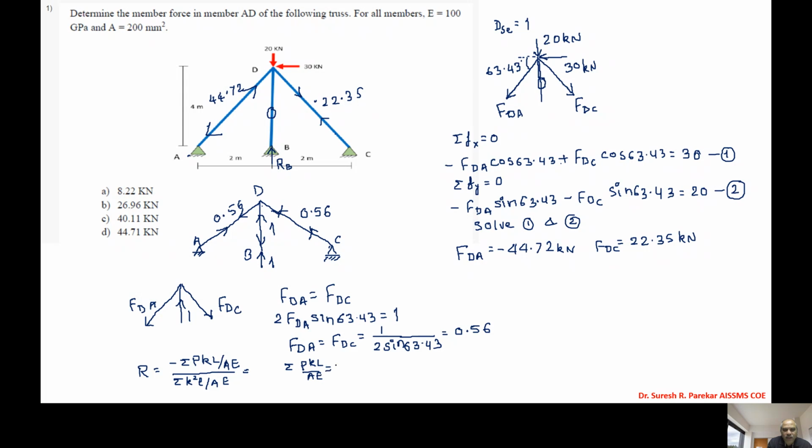So that is equal to, for AD, the value minus 44.72 into plus 0.56 into the length, which is the square root of 4 square plus 2 square, and that length we will get as 4.472.